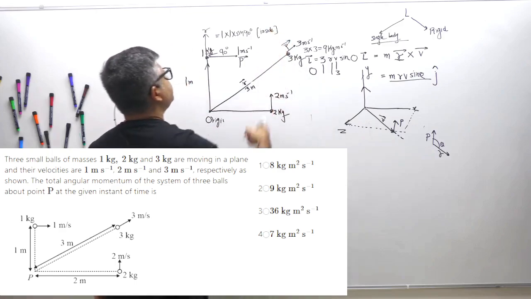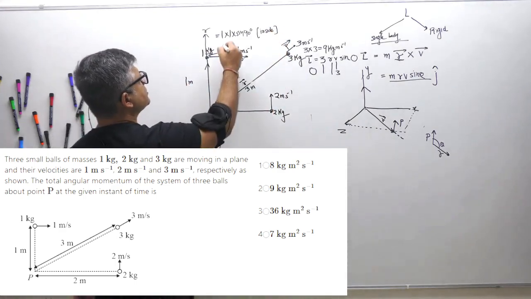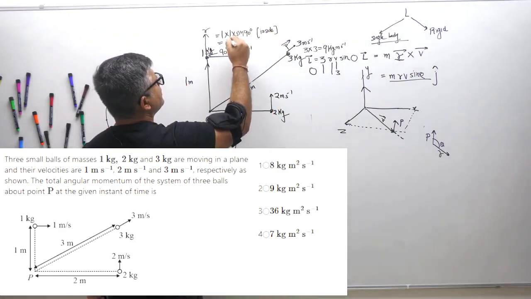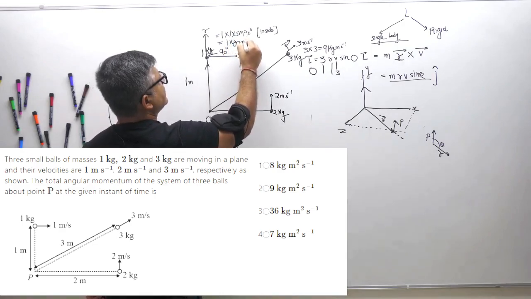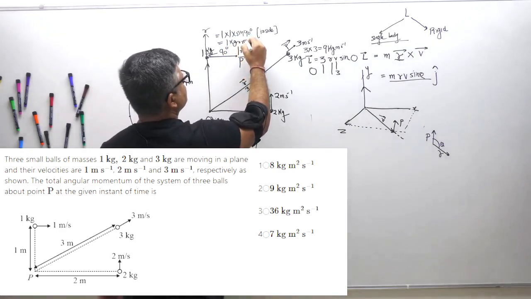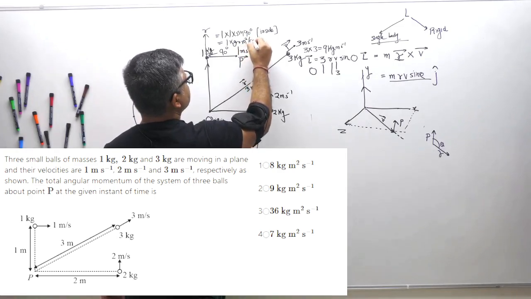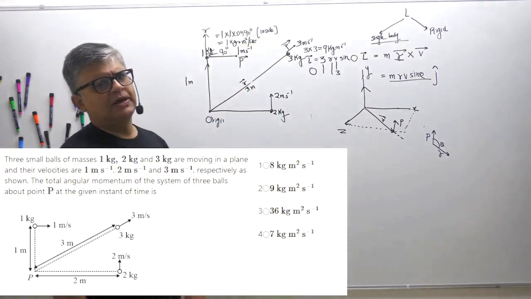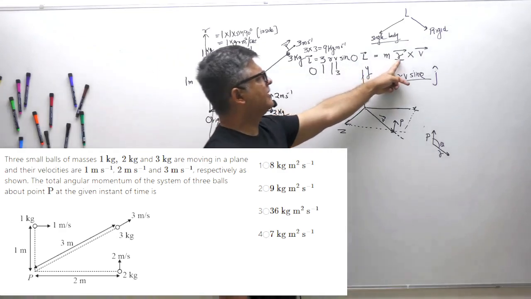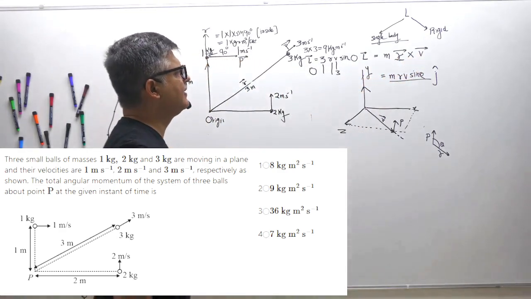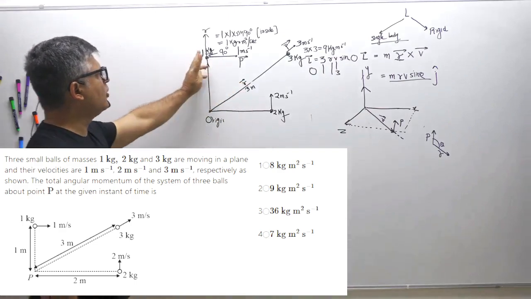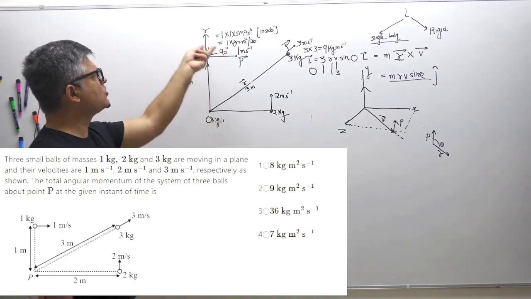So this becomes 1 kilogram meter square per second, right? That's the units. Meters and meter per second get combined. So anyway, I hope this is clear. So angular momentum is inward.